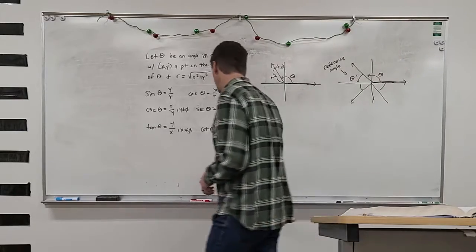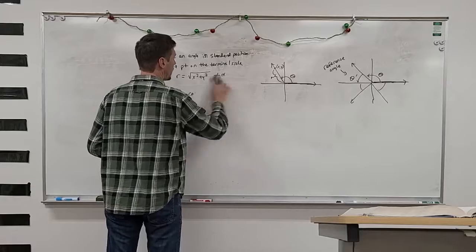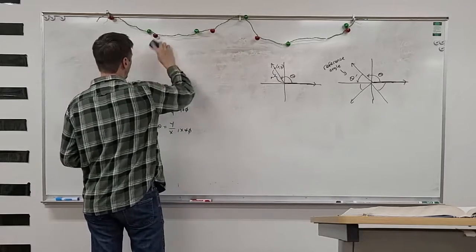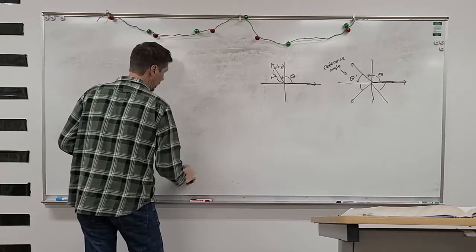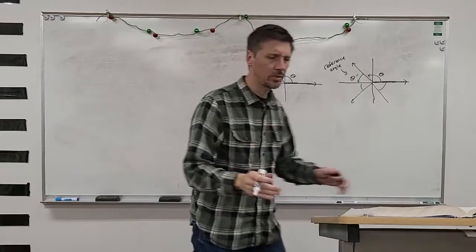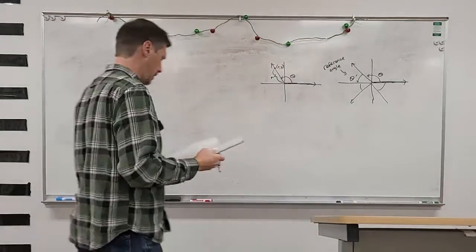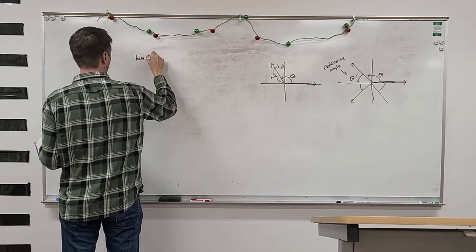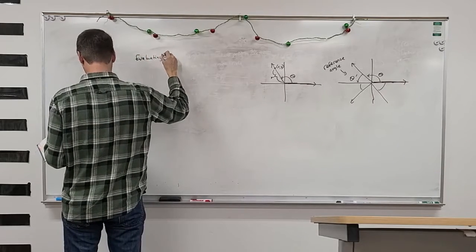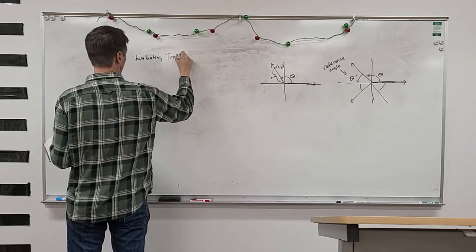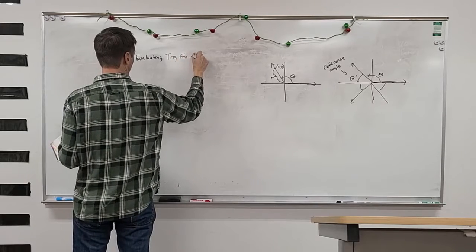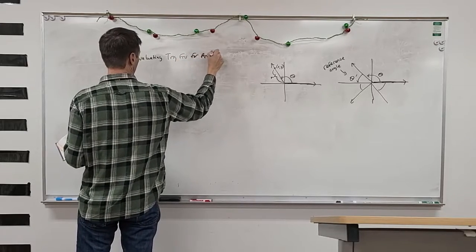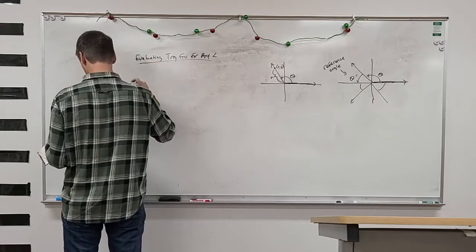So what that means, and this is how I tend to think about the different functions, and I'm pretty sure I mentioned this last week, is that you can evaluate trig functions for any angle by doing the following.